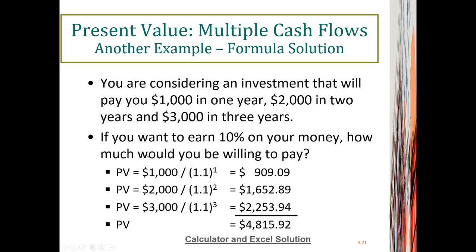As you see, the calculation here is demonstrated as calculating the present value of every individual cash flow by applying 10% as the interest rate, right? So the key point here is you need to be very clear about how many times you discount for each cash flow. Once you get present value for individual cash flows, put them together to get present value for the entire cash flow stream.